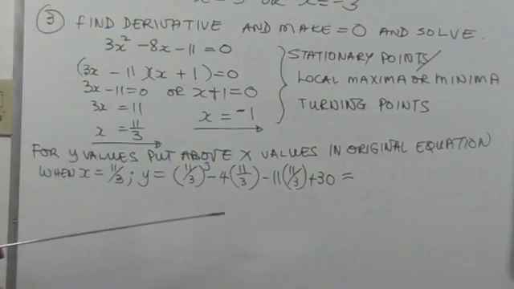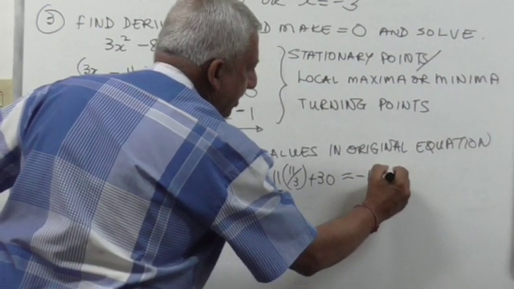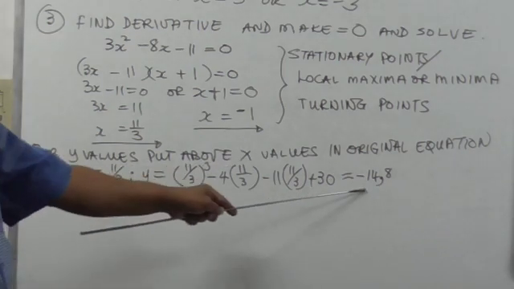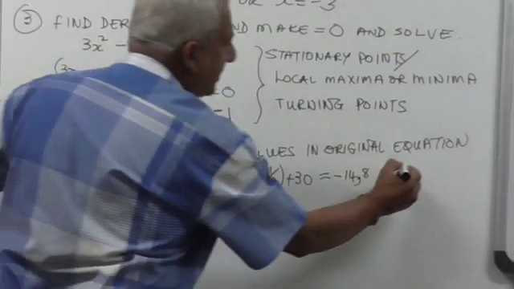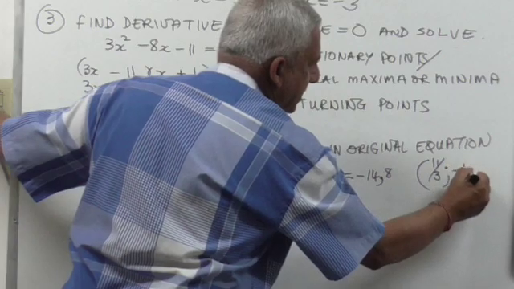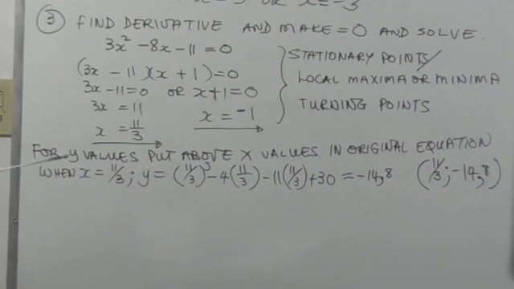And when you put that into the calculator, you will get the answer minus 14,8. We round off to one decimal place. So you've got the one turning point where the x is 11 over 3 and the y is minus 14,8. So I can even write it here: 11 over 3 and minus 14,8. That's one turning point.